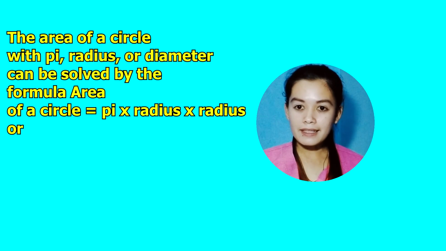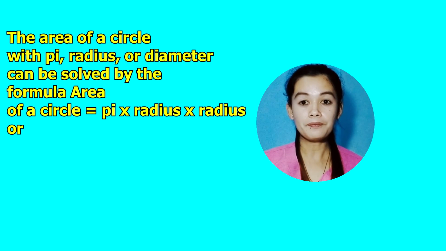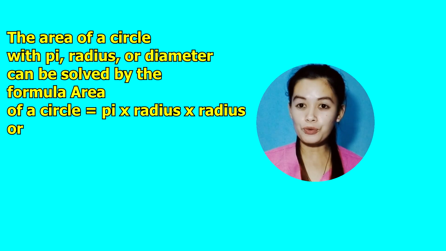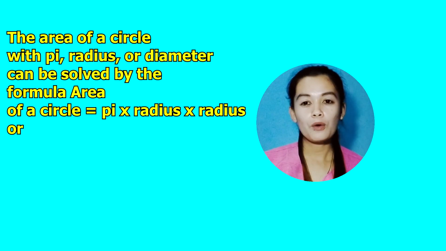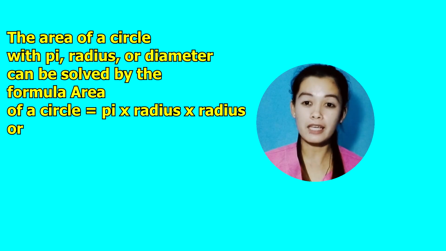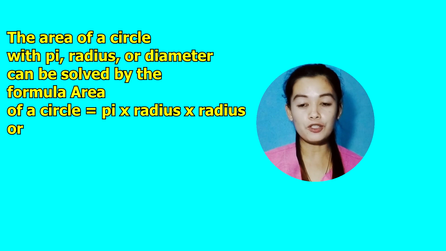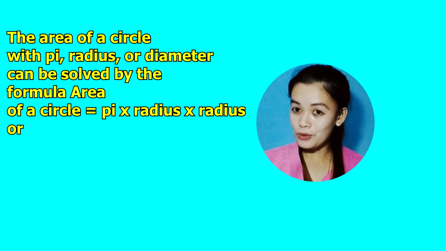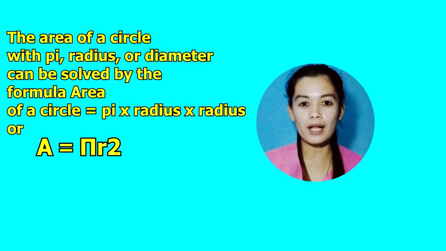So again, the area of a circle with the given radius or diameter can be solved by a formula. The formula for the area of a circle is equal to pi times radius squared, or A is equal to pi r squared. It is the number of square units inside that circle.